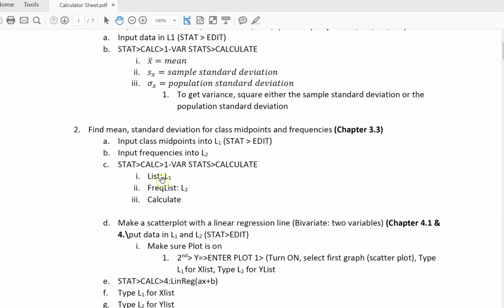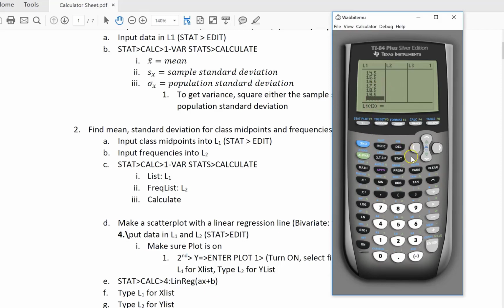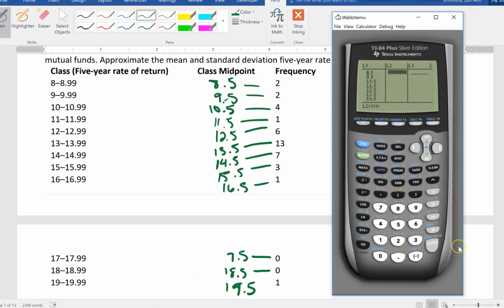Okay, the next step is to include the frequencies in list 2. So I'm going to arrow over to get to list 2, and now we're going to put in the frequencies.